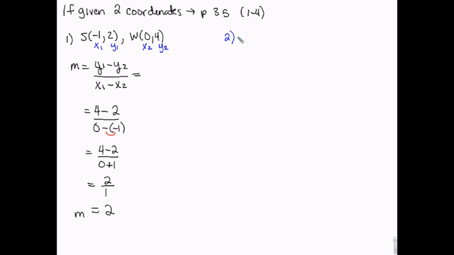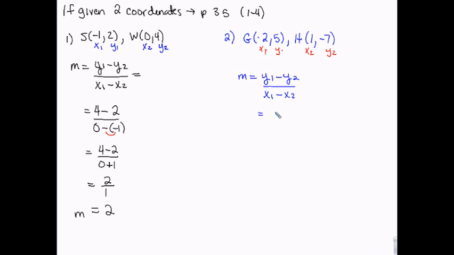So look at number 2. We have negative 2, 5, and 1, negative 7. Name one, ones and 1, 2s, it doesn't matter which. Plug them in.